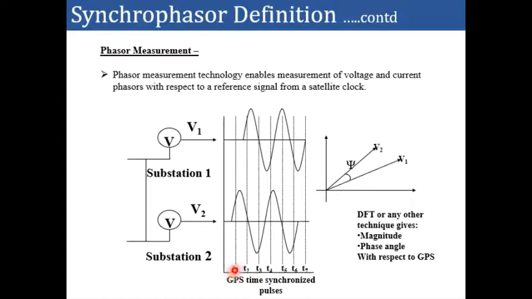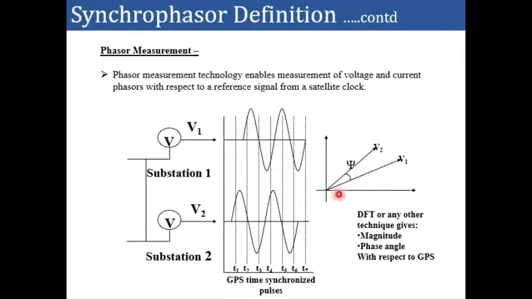When we sample the data for these two voltage measurements, V1 and V2 are simply sinusoidal voltages, and when we sample the value, we get the unique position of the measurement on these two sinusoids. Suppose we look at point T2: for V2 we have the position coinciding here, and for V1 it is coinciding here.